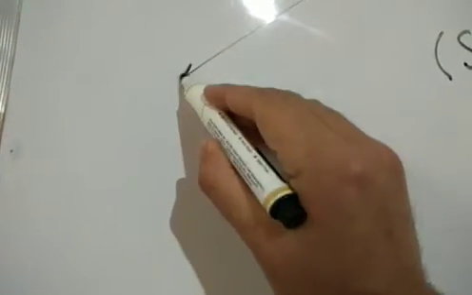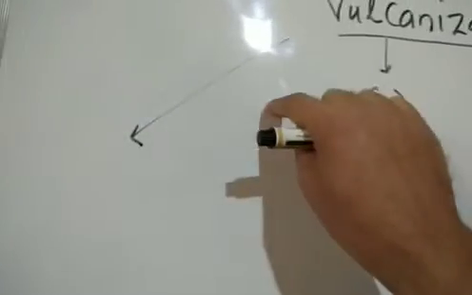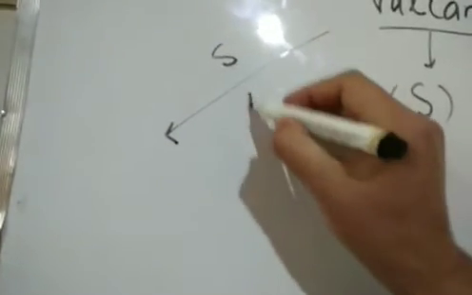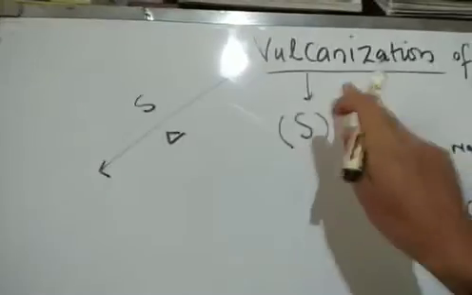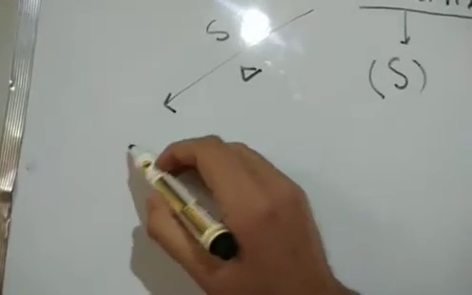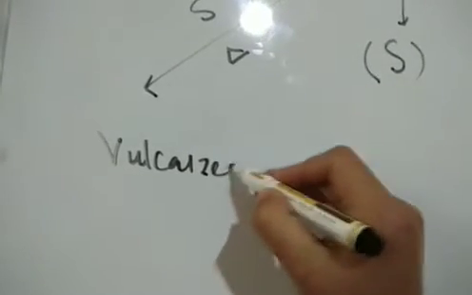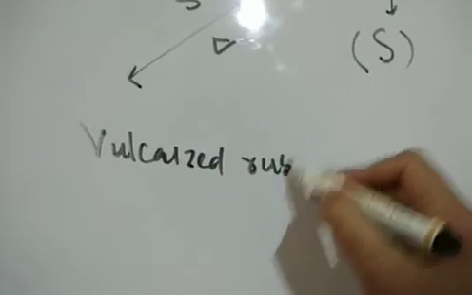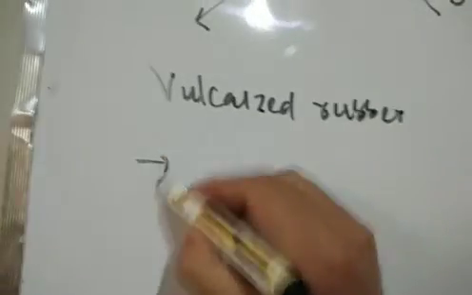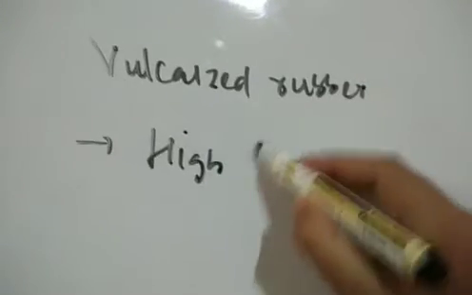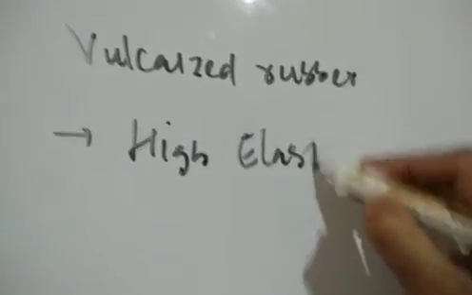After vulcanization, when we heat this natural rubber in presence of sulfur, it is called vulcanized rubber. That rubber has high elasticity.